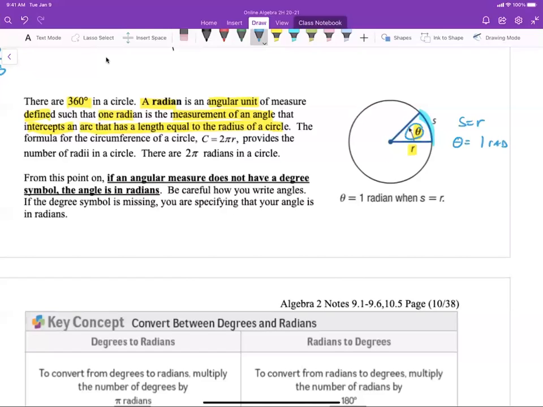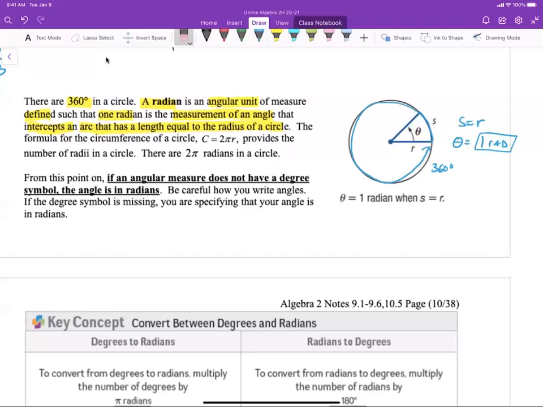So we're going to cut this circle up. That is not actually drawn to scale, but we're going to cut this circle up into pieces, and we're going to define that piece, which is that ratio, as 1 radian. Okay, so here's some important things to note. If I have gone around this circle all the way around, that's going to equal 360 degrees.